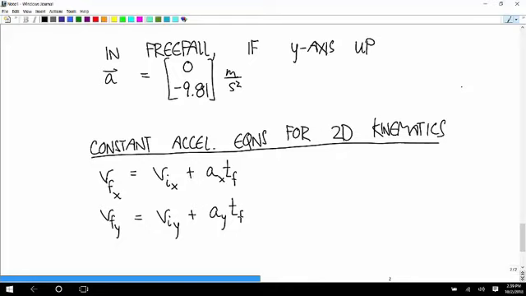Why doesn't time final have it? Because time isn't a vector. Time means the same thing that it did in one dimension. It's just a number. It's always positive. So time isn't a vector.